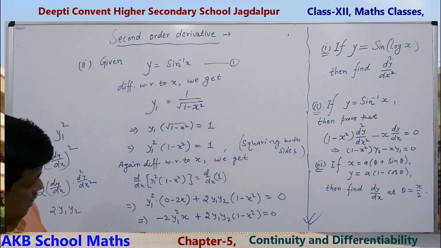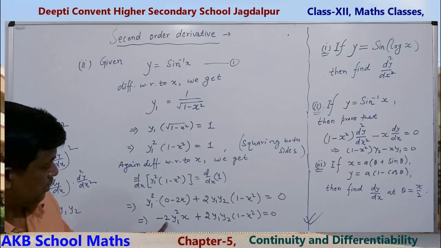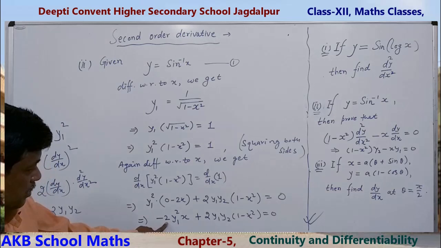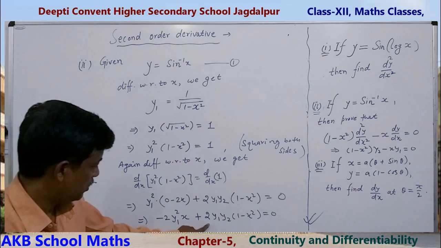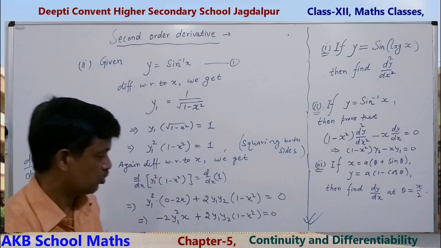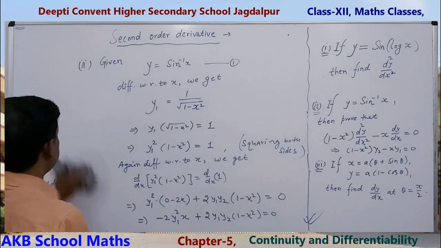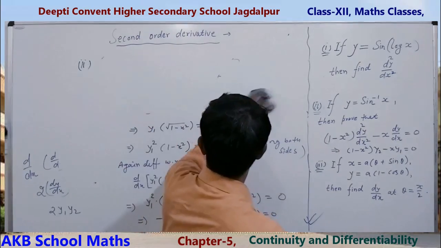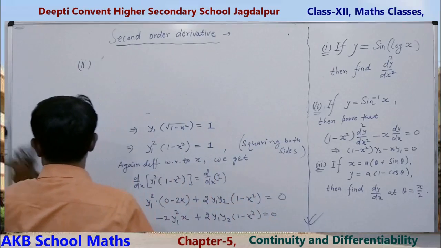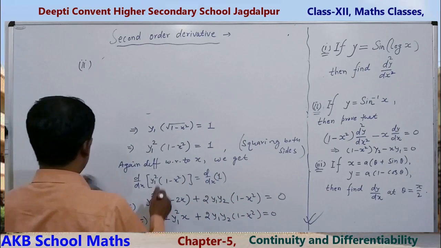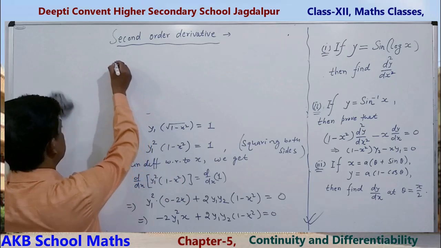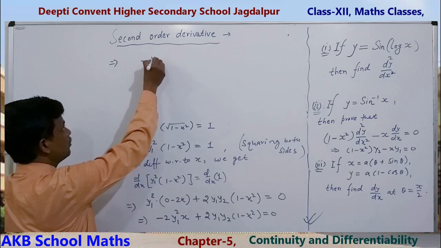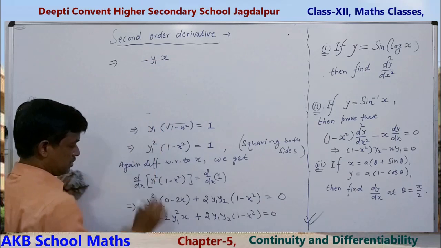Now we see that 2 is common here, and y1 is also common. So dividing by 2y1 on both sides, we get minus y1 into x.